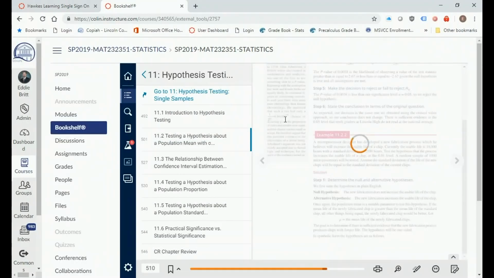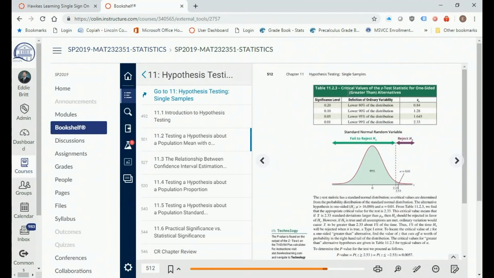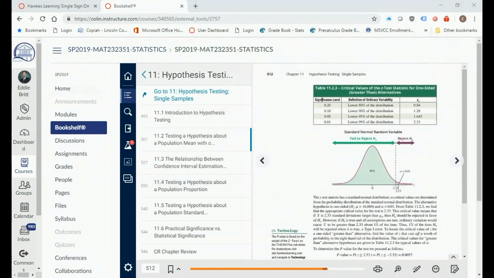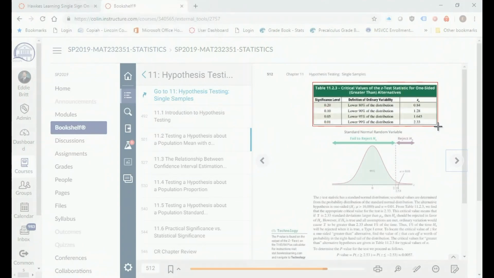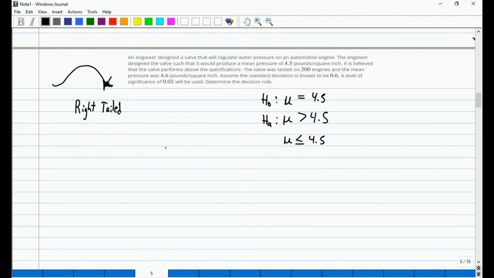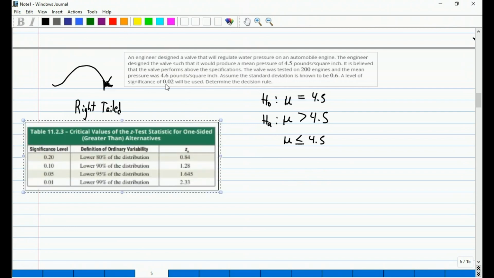They make it so easy to find. This is greater than, so these are the right-tailed values that I need. So this is just going to tell me that critical value. All right, and if it's not in the chart, I can show you how to find it using our other tables. So here's the chart. It's right-tailed. Significance level is 0.02.